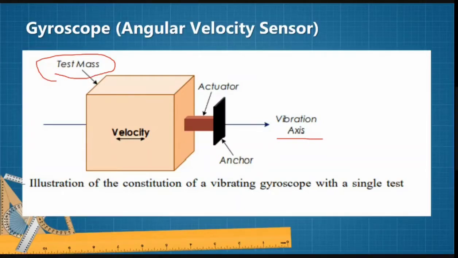The first one has a mass in continuous rotation, or a wheel, whose axis of rotation is independent of the orientation of the sensor. The second has a mass in continuous vibration whose direction of vibration is independent of the orientation of the sensor.